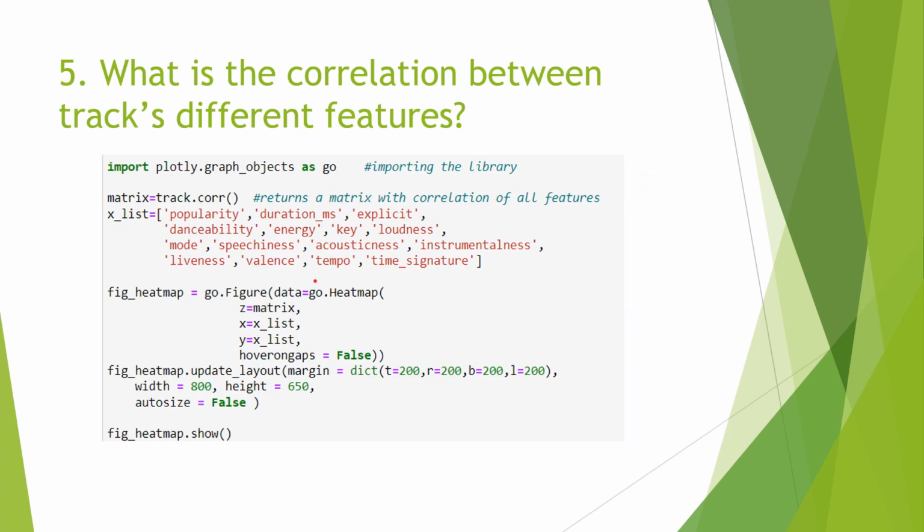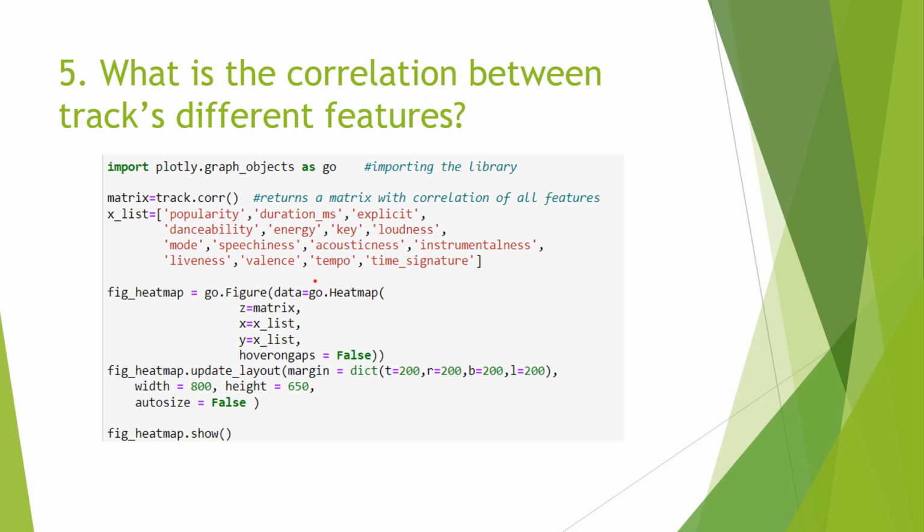This question was an interesting one. What is the correlation between tracks' different features? Thanks to pandas and plotly, we can easily check the correlation between any two given features.